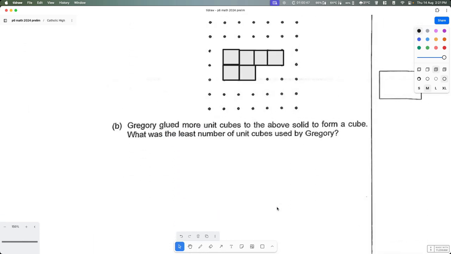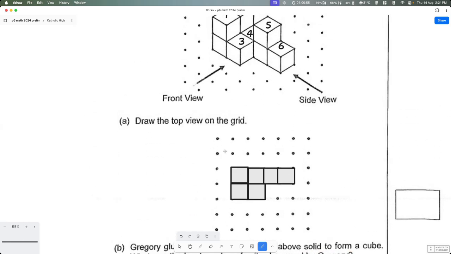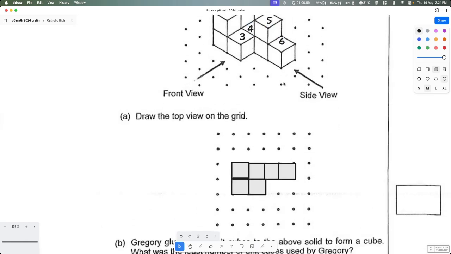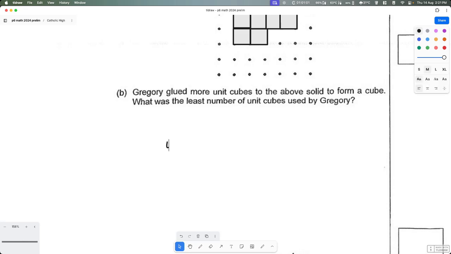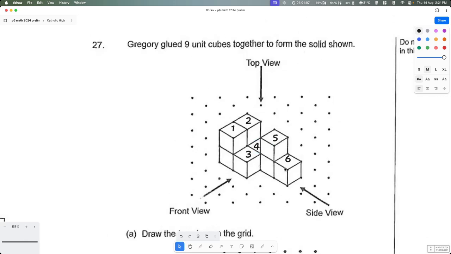Okay, so now next is: Gregory glued more unit cubes to the above to form a cube. So what was the least number of unit cubes used? Okay, so the longest length is 1, 2, 3, 4. So the longest length is equal to 4 cubes. Double confirm.